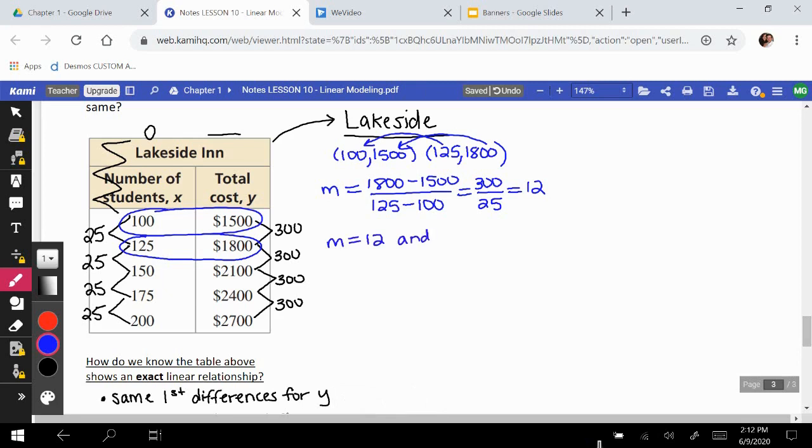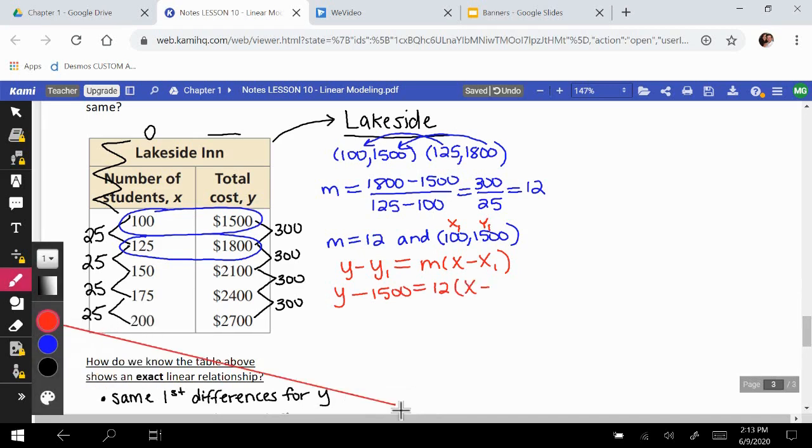So I'm going to use the point 100, 1500. Now I'm using point slope form, y minus y1 equals m times x minus x1, to get my equation. I'm going to label this point x1, y1 so I can easily plug it in. We get y minus 1500 equals 12 times x minus 100, which is x1.